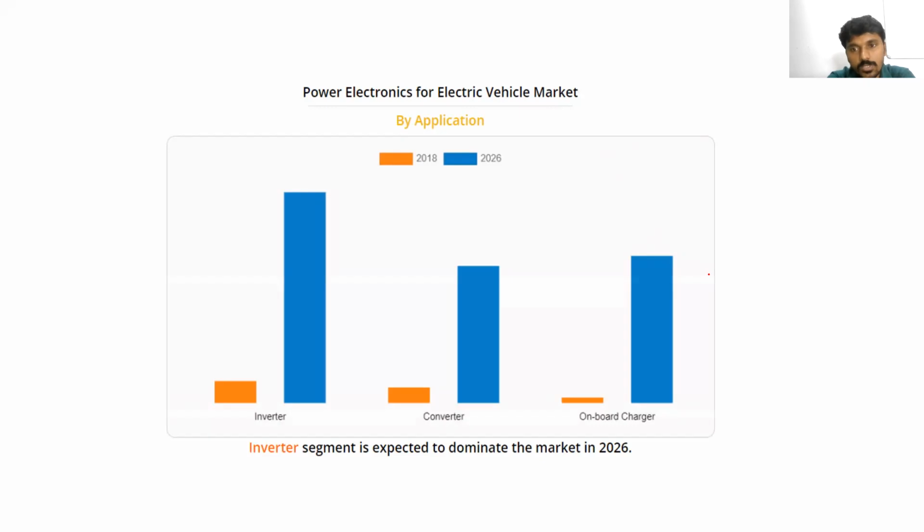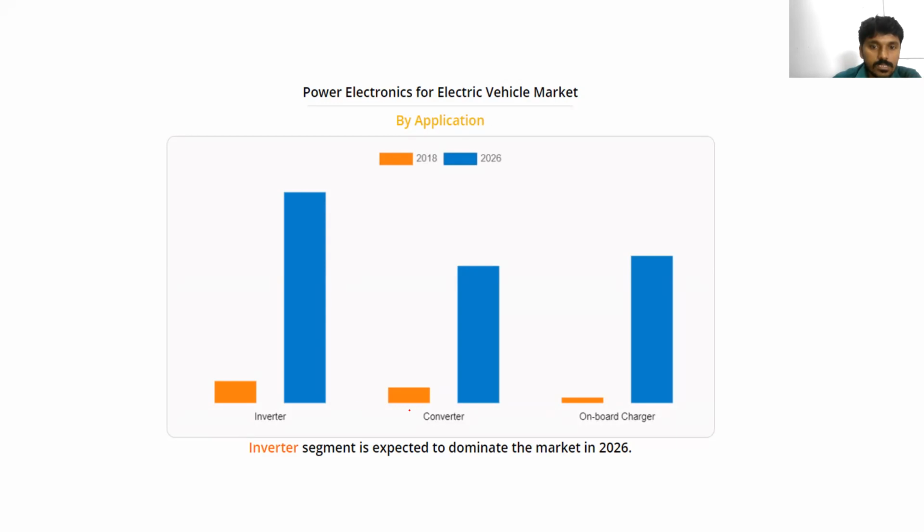We can use power electronic converters in the onboard charger, and also use the converter for converting AC to DC, DC to AC at the place of the motor. In 2018 there was very little demand for the inverter.